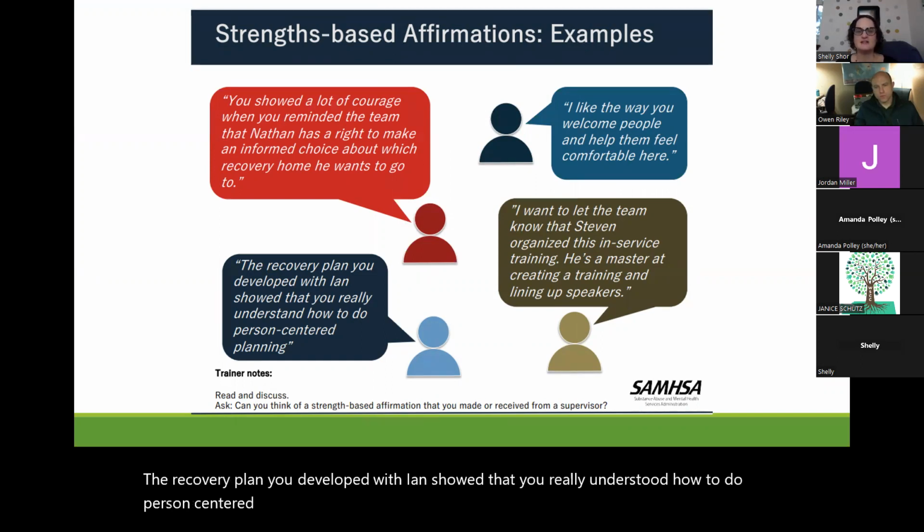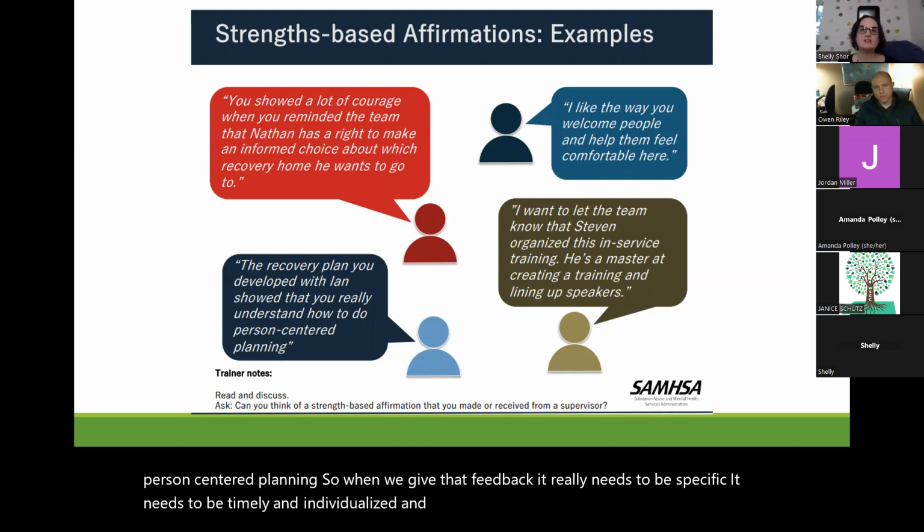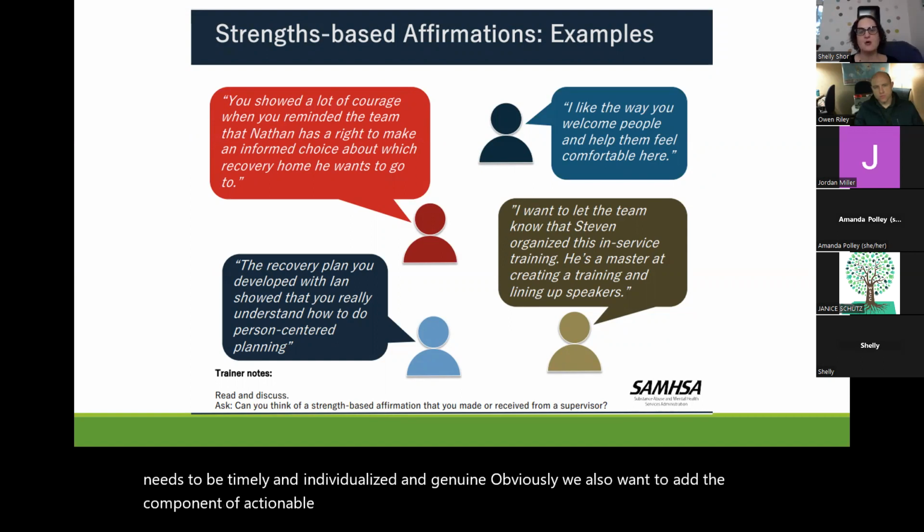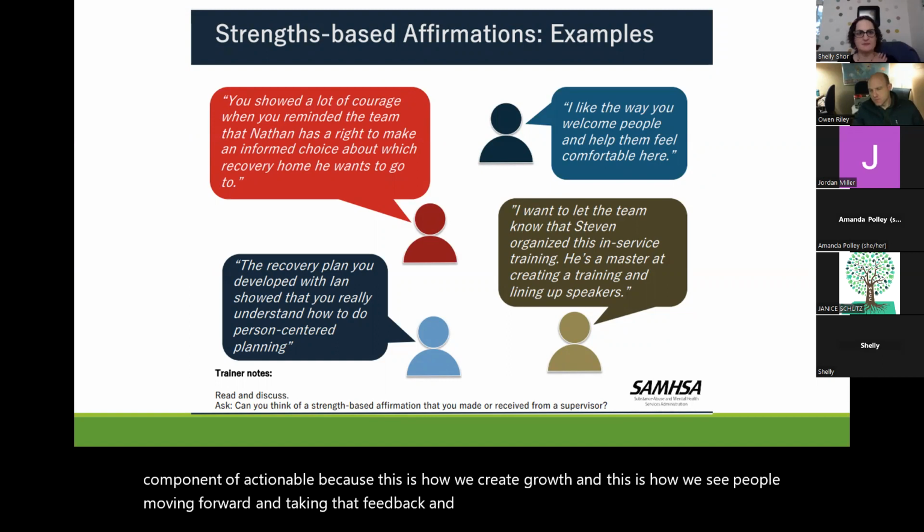So when we give that feedback, it really needs to be specific. It needs to be timely and individualized and genuine, obviously. We also want to add the component of actionable because this is how we create growth. And this is how we see people moving forward and taking that feedback and doing something positive with it.